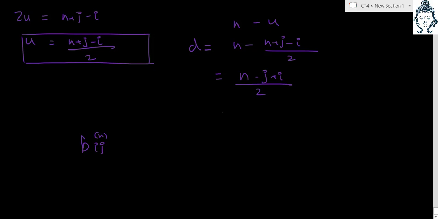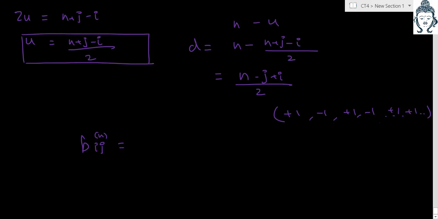Now all these steps, plus ones and minus ones, can occur in random order, one after another. So what would be the probability of getting from i to j in n steps?